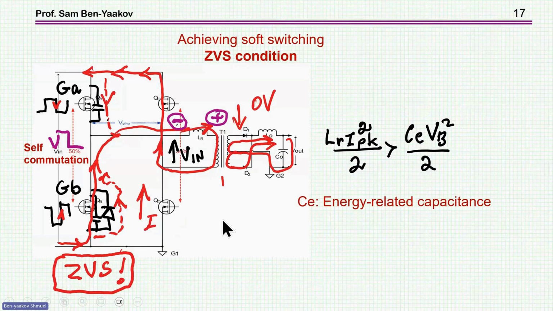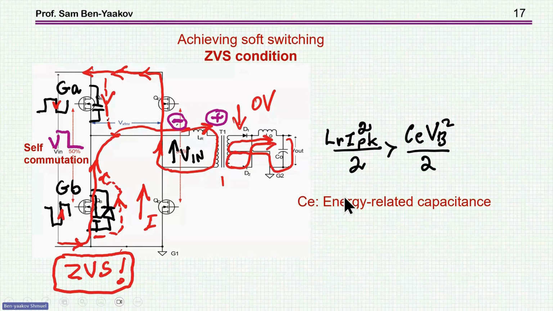Now, in recent years, you find in the data sheet of a transistor information about this energy-related capacitance. That is the capacitance that you can use to calculate the energy stored as a function of the voltage, the end voltage. Okay, you have a graph in some of the data sheets. Anyhow, it's not the incremental capacitance.